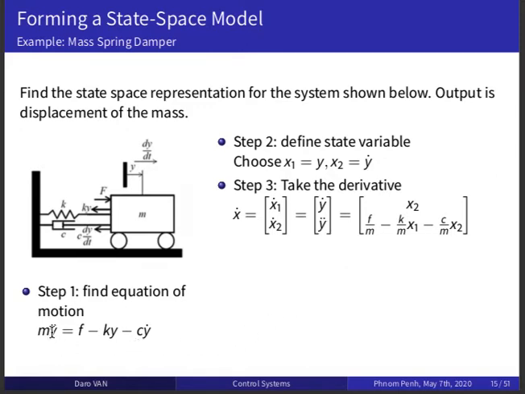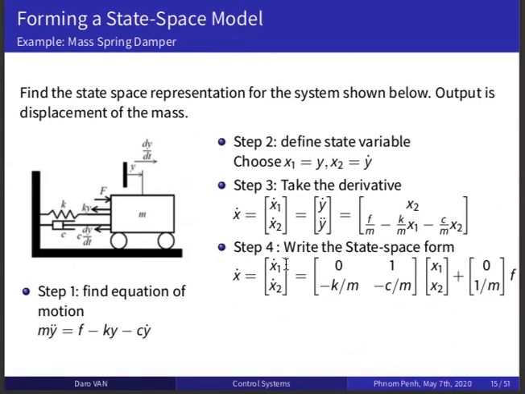You need to move this m to this side, so F over m minus k over m x1 minus c over m x2, and from that you write in matrix form. If you multiply this row by this column, you will have x2. If you multiply this row by this column, you will obtain this, and this is the input on this side.